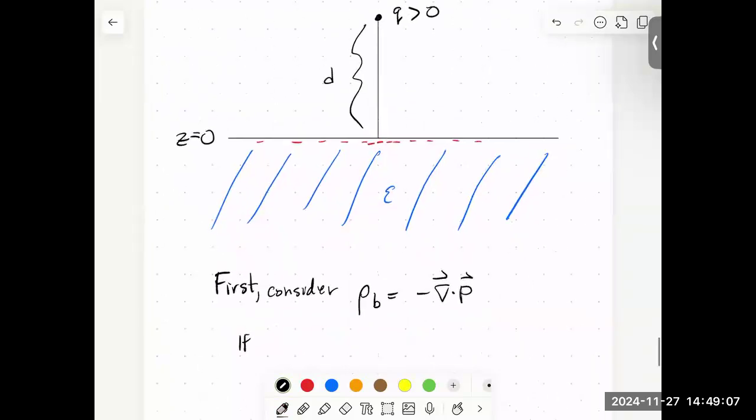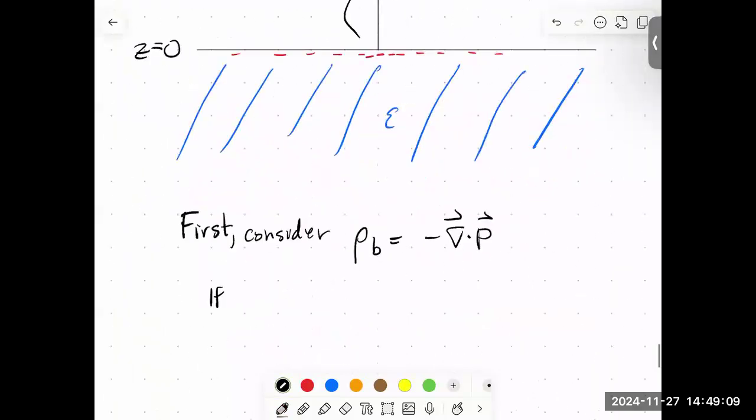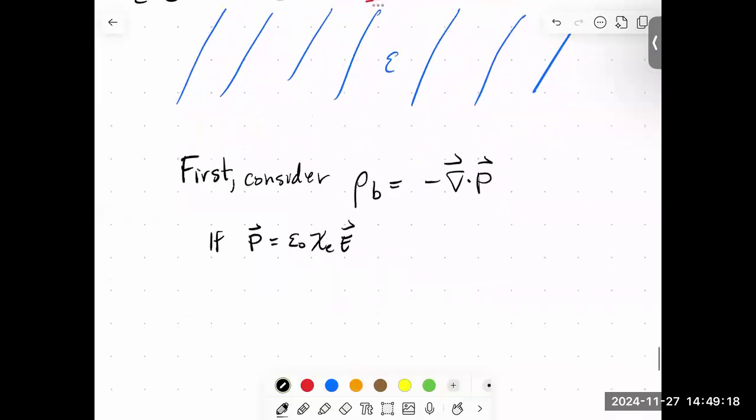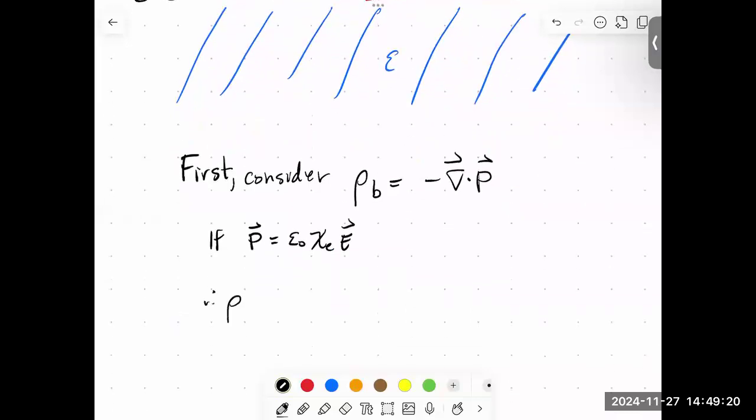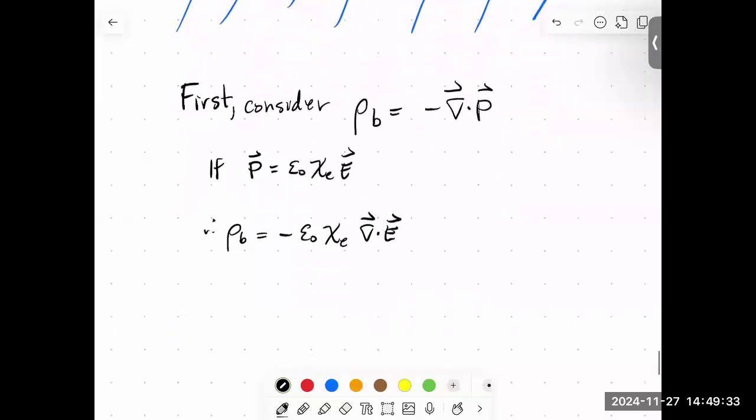Now, for our linear dielectrics, the polarization is proportional to E. Therefore rho B is going to be minus epsilon naught times the susceptibility times the divergence of E. Sorry, it's not the gradient of E, it's the divergence.